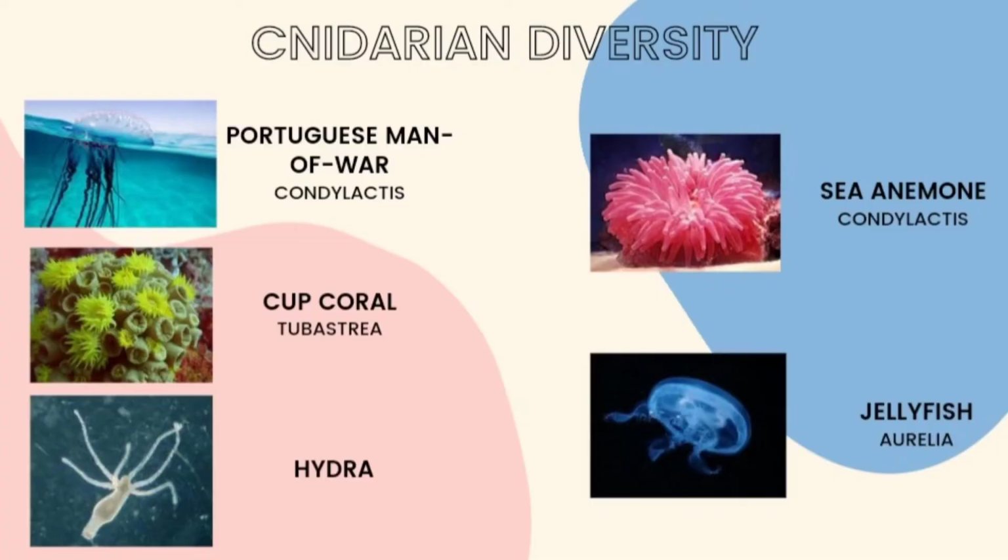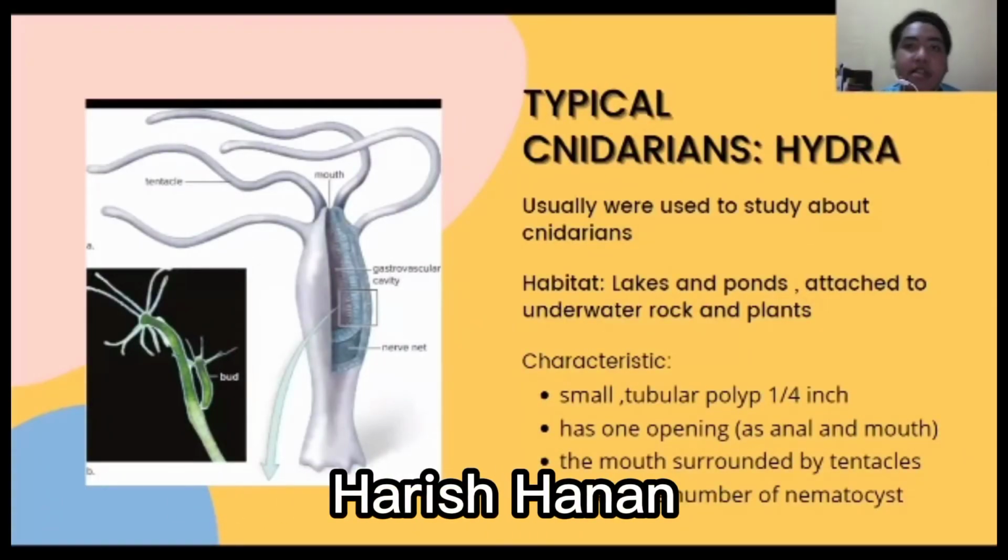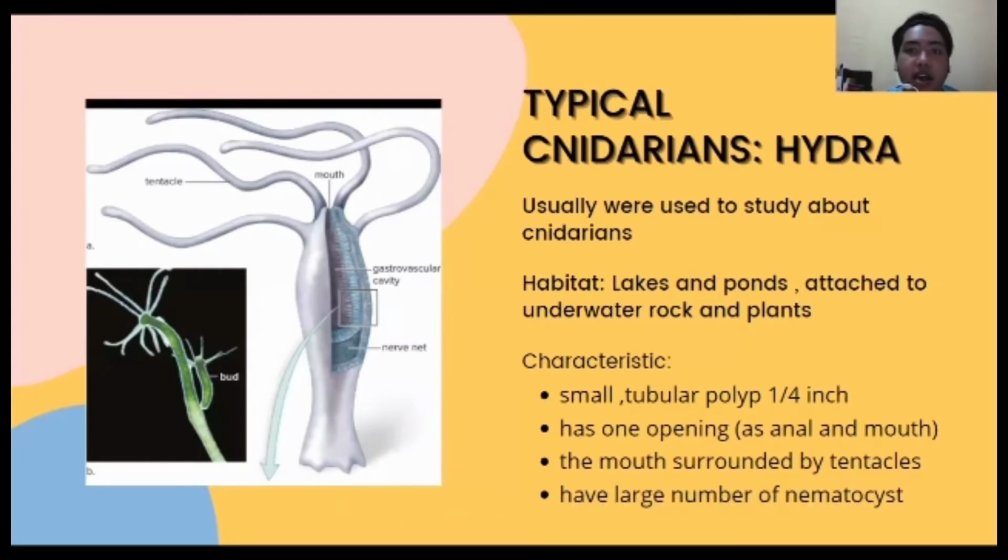Here are some diversity of cnidarians: Portuguese man of war, cup coral, hydra, sea anemone, and jellyfish. Next, I will explain about a typical cnidarian that is used to study cnidarians, that is the hydra. It is usually found in lakes and ponds, attached to underwater rocks and plants.